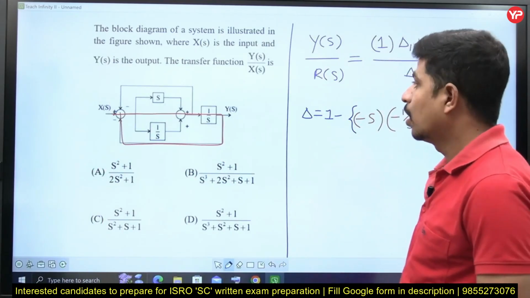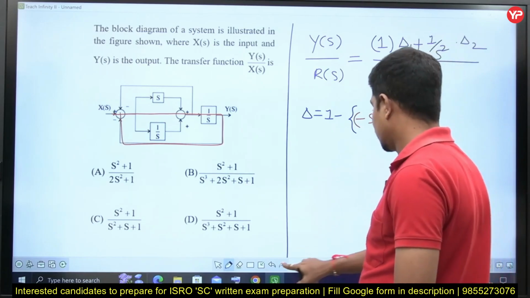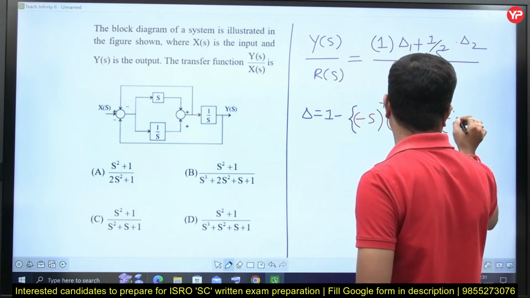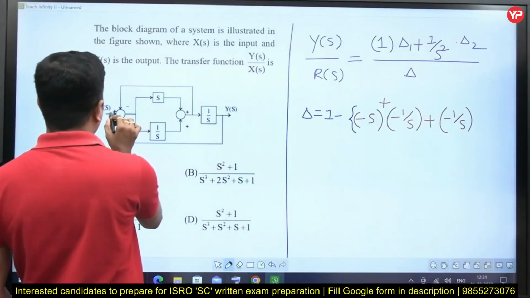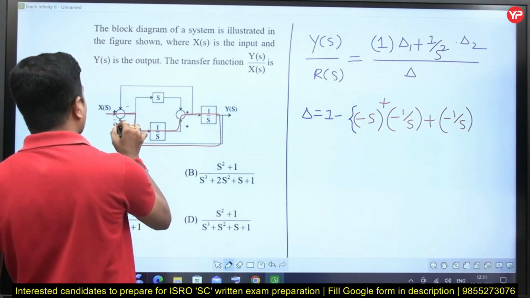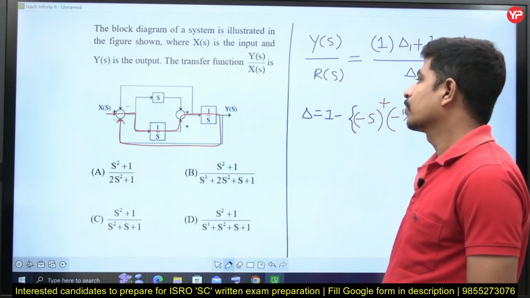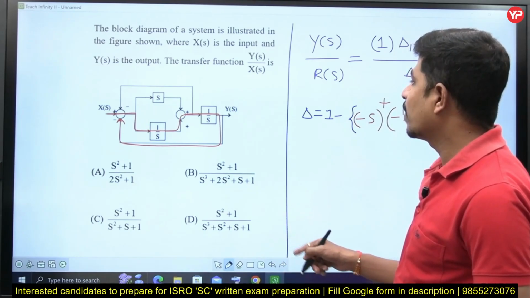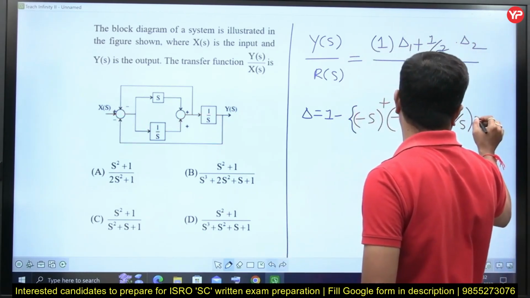That is possible. How much is it? Minus 1 by s. This is plus here, please, not multiplication. Plus minus of 1 by s. Third loop. Fourth, is this not a loop? Yes, this is also a loop. How much is the value? 1 by s minus, therefore it is minus 1 by s square.